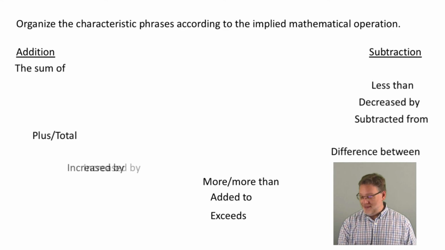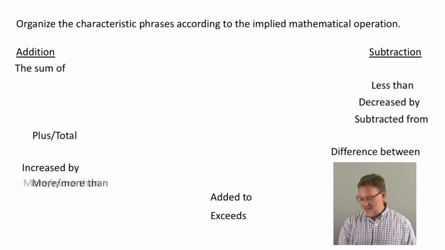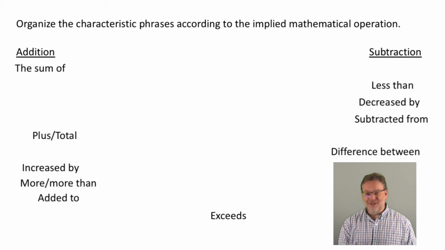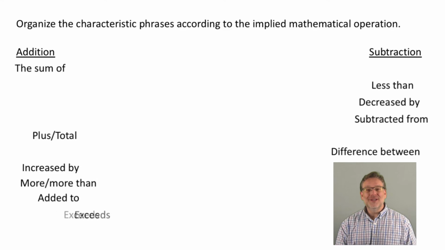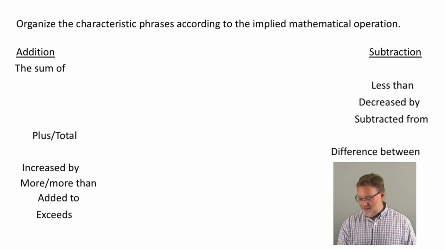More or more than, well, that's addition again. Added to, again addition. And exceeds, that's also addition. So you can see that there's a set of words that you've probably known all along indicate one particular mathematical operation or another, but now you're consciously aware of it.